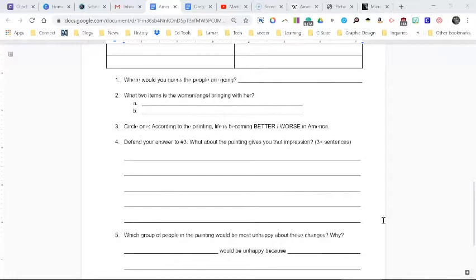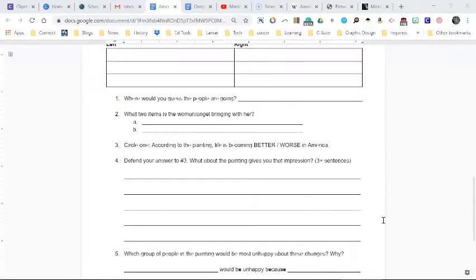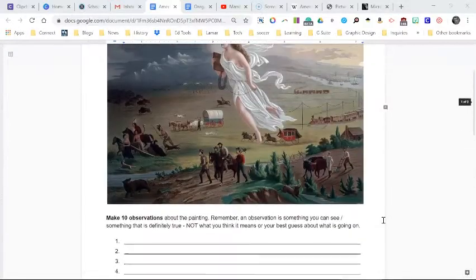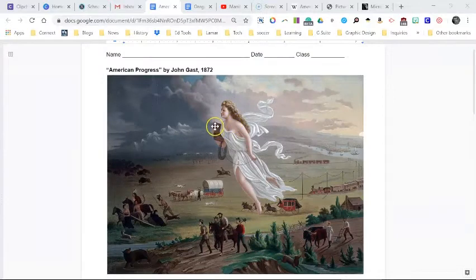So what two items is the woman angel bringing with her? So this woman is named Progress. And if we look back to the picture here, we see that she has a book and a telegraph line. And that book, many people in my classes in the past have said that she's got a Bible. And it does seem like that's possible.